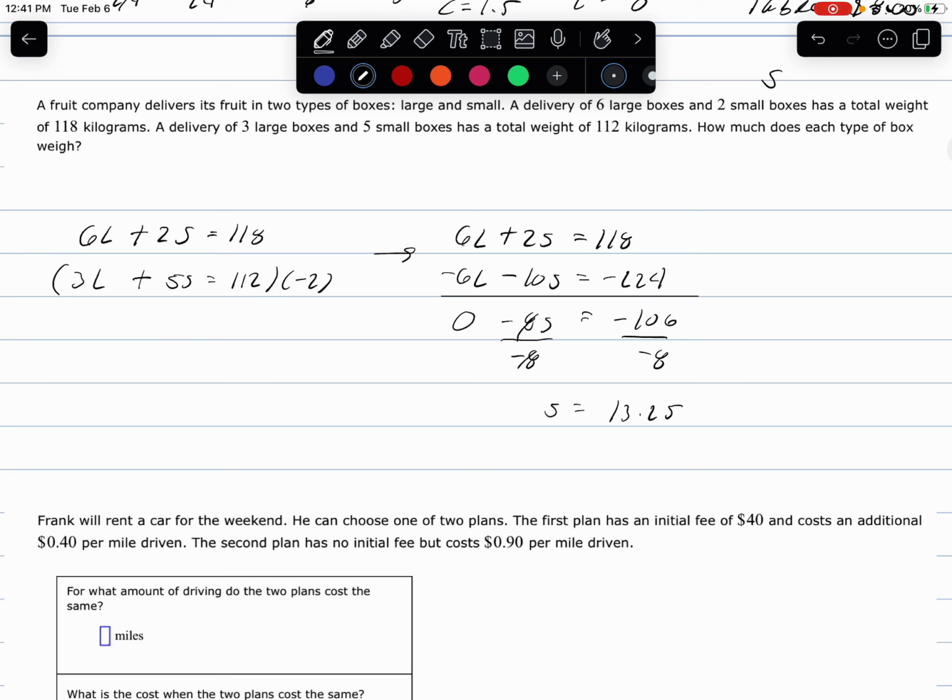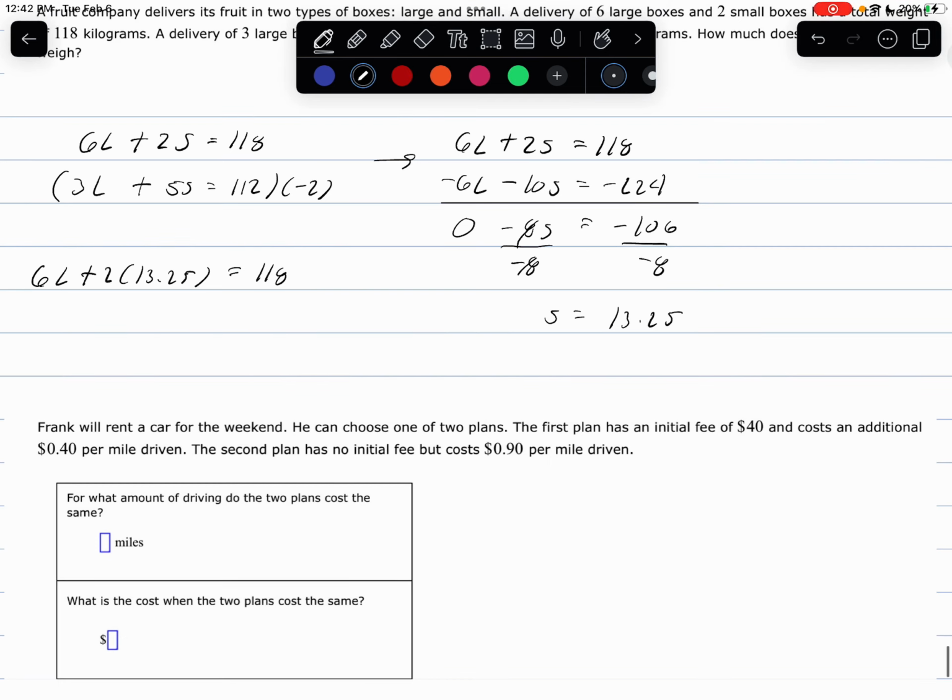Okay, and then now what we can do is we can go ahead and plug this back in. So I like the top one. So let's do 6L plus 2 times 13.25 is equal to 118. So this is going to simplify to 6L plus 26.5 is equal to 118.